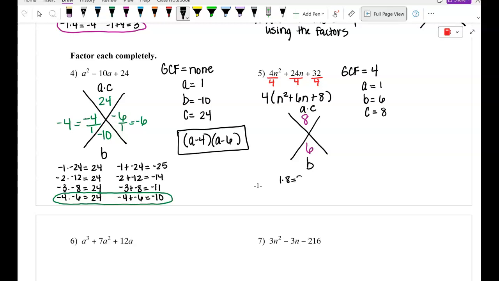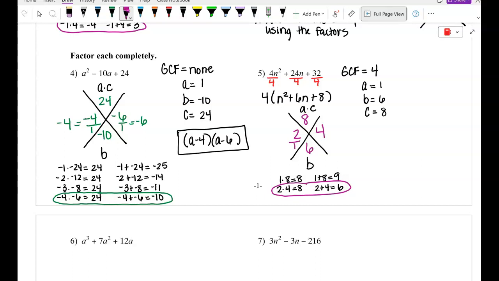So 1 times 8 equals 8. 1 plus 8 is 9, so that doesn't work. 2 times 4 equals 8. 2 plus 4 equals 6. So there is the combination that makes both sides true. One side is a 2, the other is a 4.